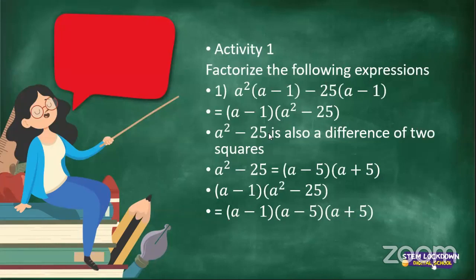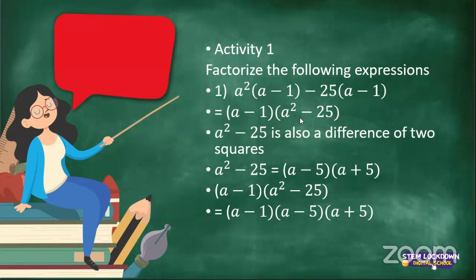That is why when you factorize a squared minus 25, or a squared minus 5 squared, it will be a minus 5 into a plus 5. That will be the expression, which brings us to the final answer.